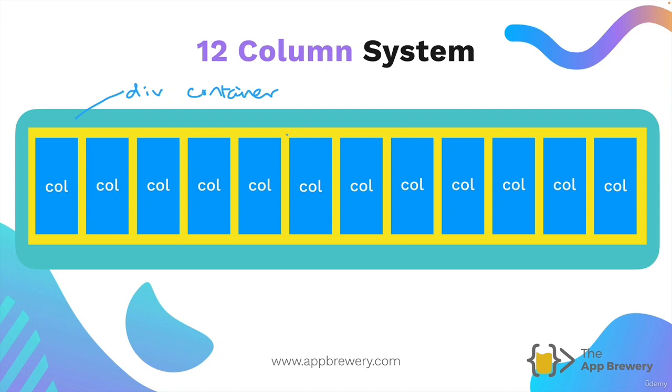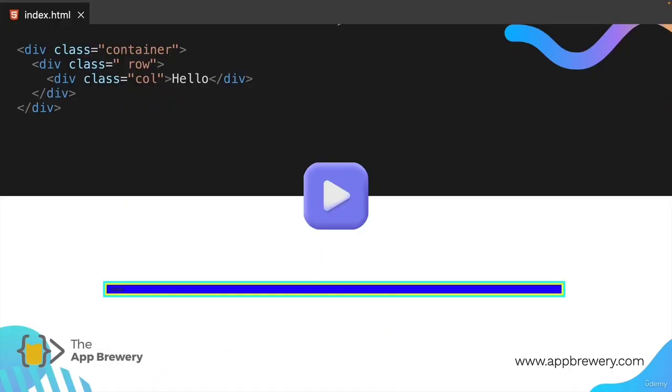Next, inside that container, we need another div, which is going to be of class row. And inside the row is where we will have our items, and they will be laid out using the column system. So what does this look like in code?